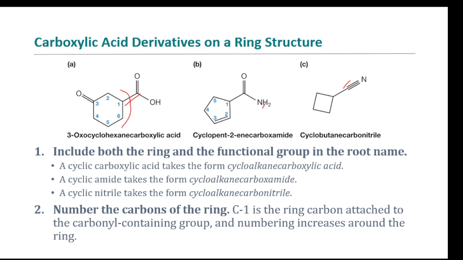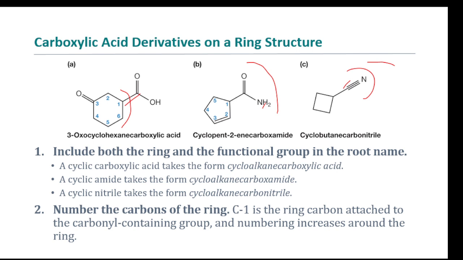So your cyclic carboxylic acid is going to be a cycloalkane carboxylic acid. The cycloalkane carboxamide is this amide right here. And then cycloalkane carbonitrile is this one right here with the nitrile group off that ring. Is that making sense so far?